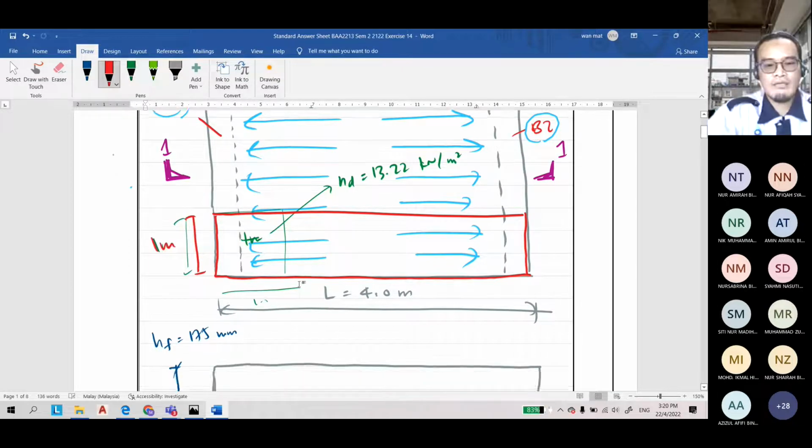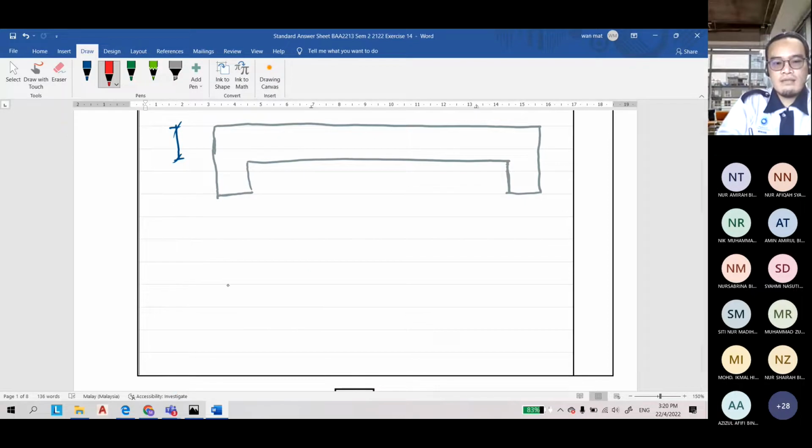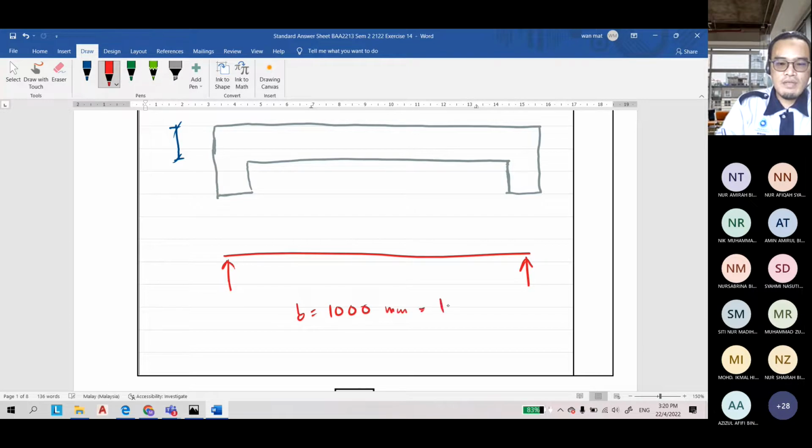So we can convert it just like a simply supported beam with b equal to 1000 millimeter or 1 meter. For the slab design, the b is always 1 meter and no flange. Please don't confuse.